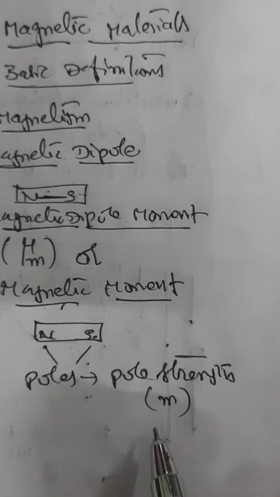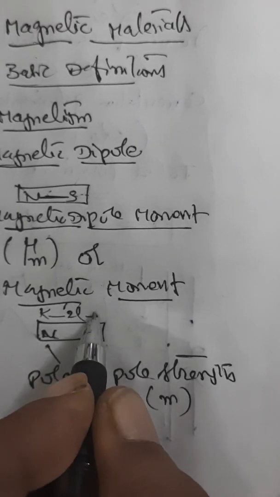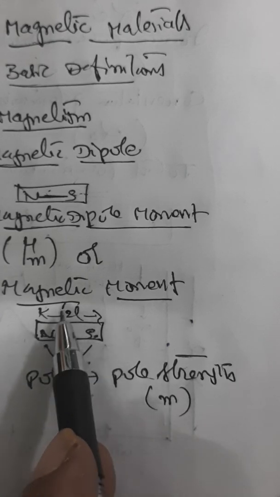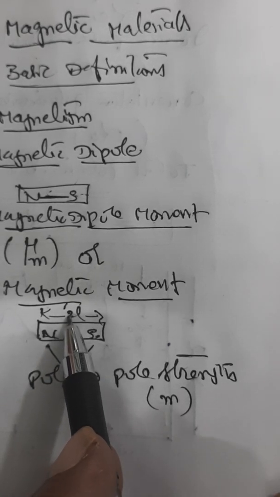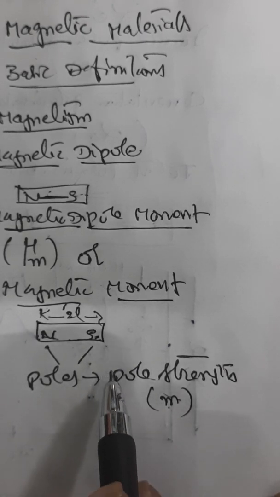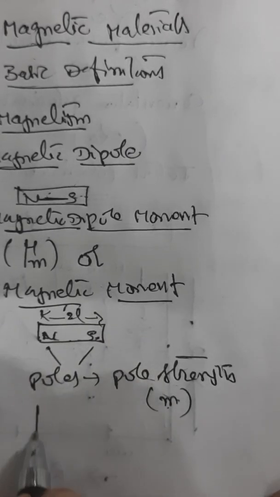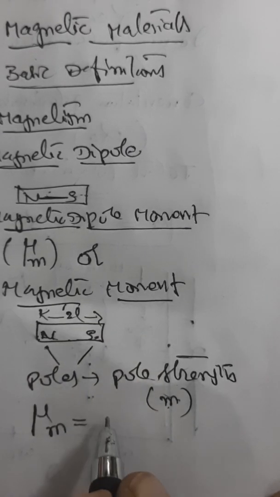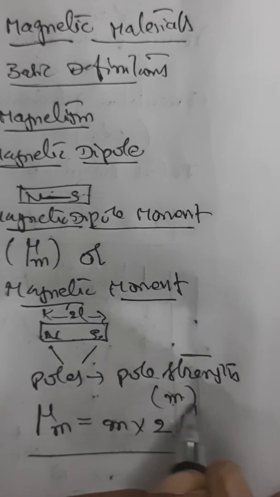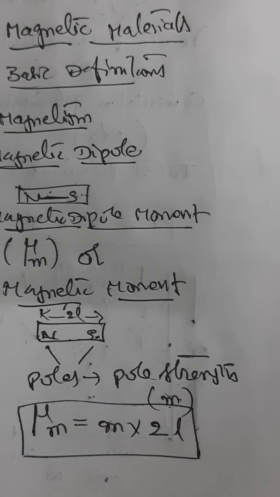If m is the magnetic pole strength and the length of the magnet is 2l, then the magnetic dipole moment, or magnetic moment, is given by the product of these two. That is, mu m is equal to m into 2l. This is the magnetic moment or magnetic dipole moment.